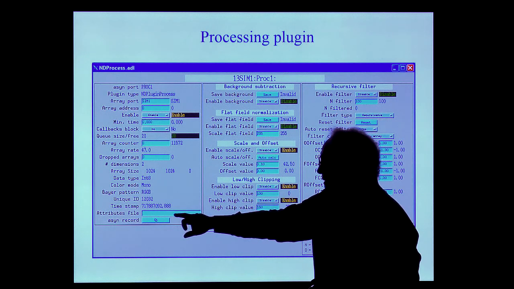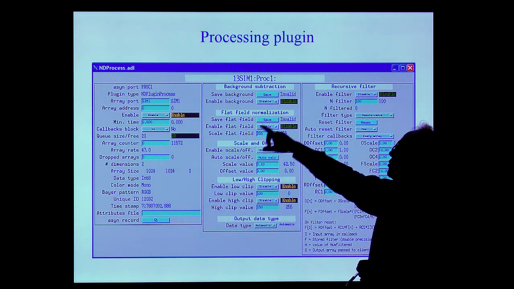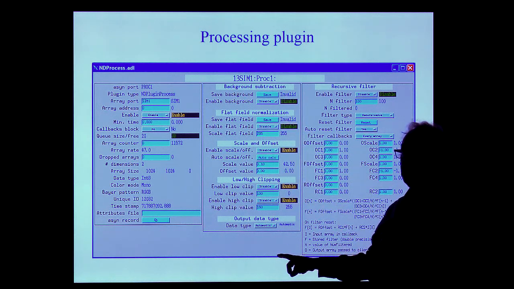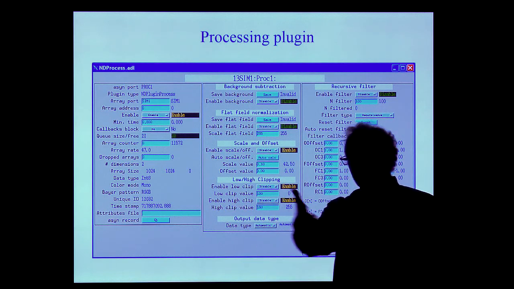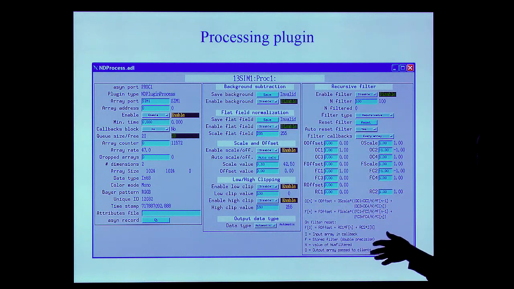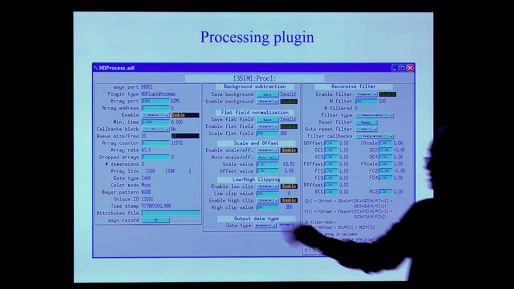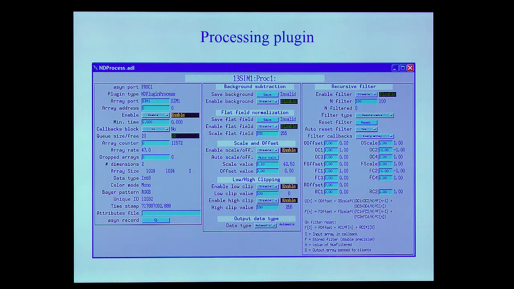So for this plugin, you could create such an XML file that has the values of all these PVs. Now, if you then send that to your disk file plugin, you will know all of these settings for every image that was processed by this plugin. Okay? And the same thing with the statistics plugin.